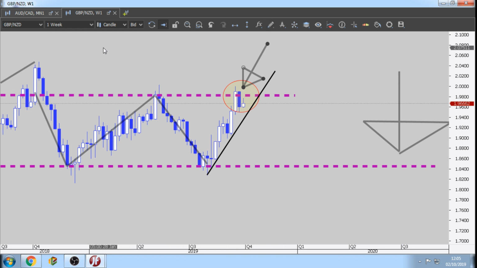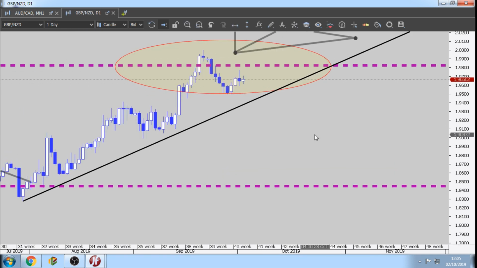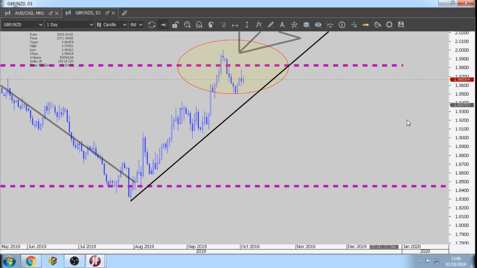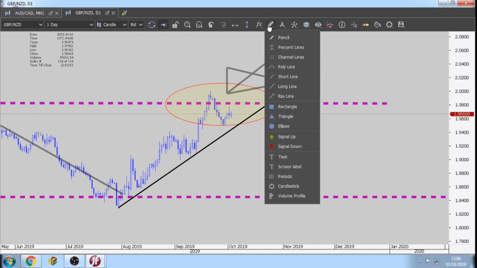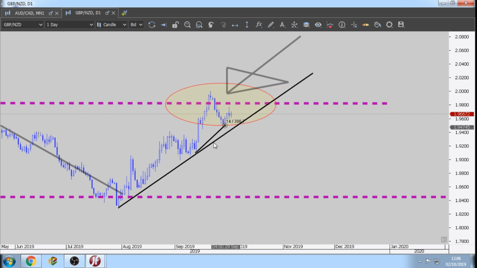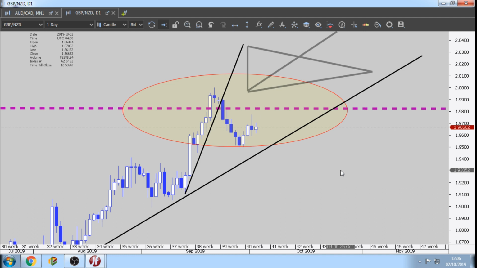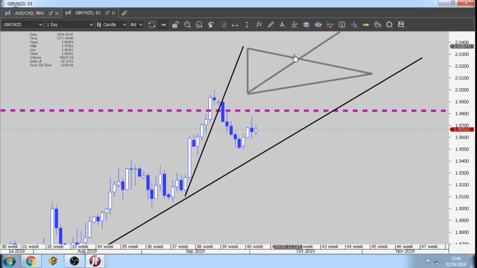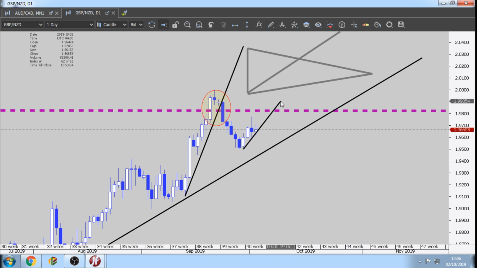Now we are going to jump from the weekly to the daily, and let's see the short term counter trend line, the more aggressive one. So the market already broke the more aggressive one. The first entry, I'm going to delete the big circle. The first entry was here, and now it looks like the second entry is going to happen.